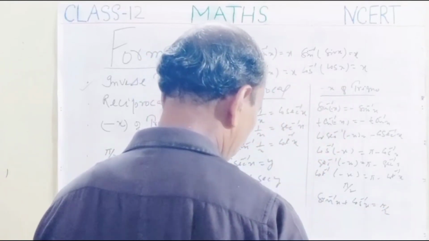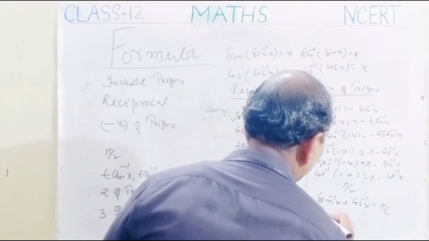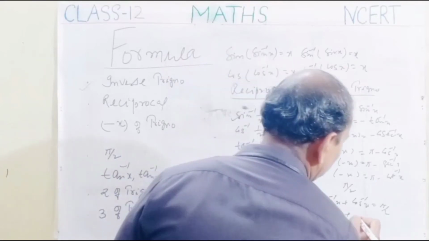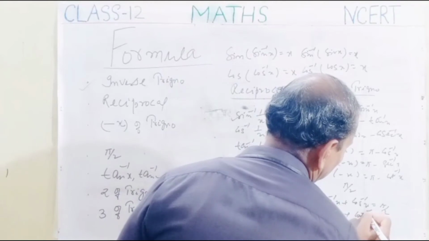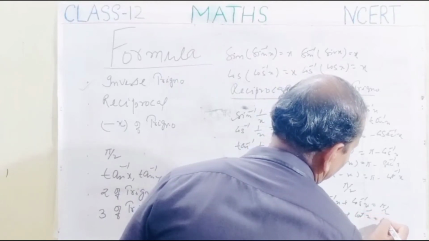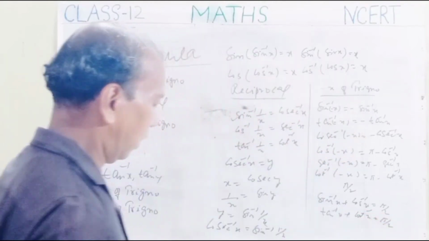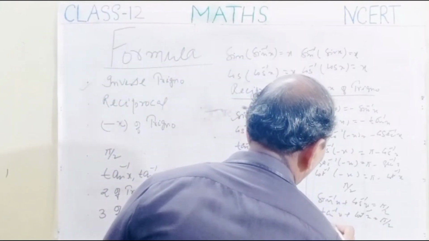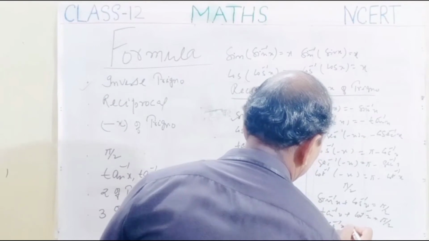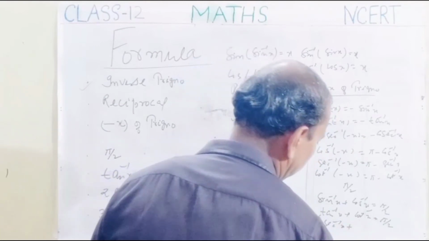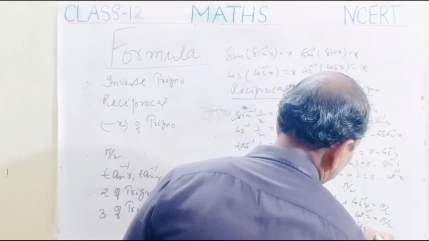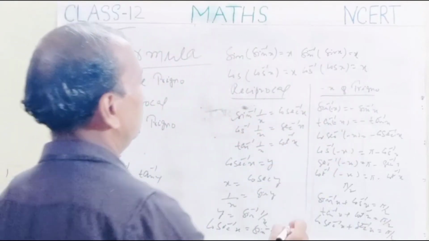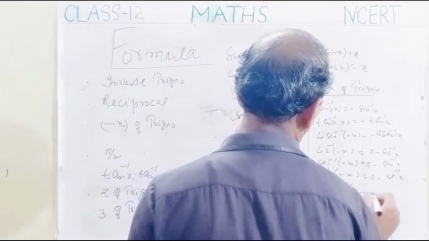Similarly, you have tan inverse x plus cot inverse x is equal to pi by 2. And lastly, we have cosec inverse x plus sec inverse x is equal to pi by 2. So these are the pi by 2 formulas.